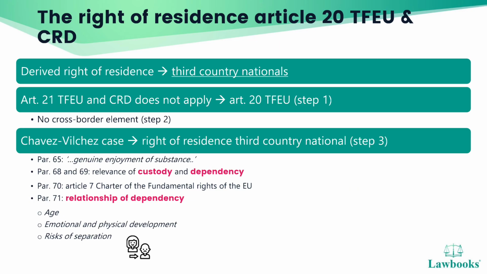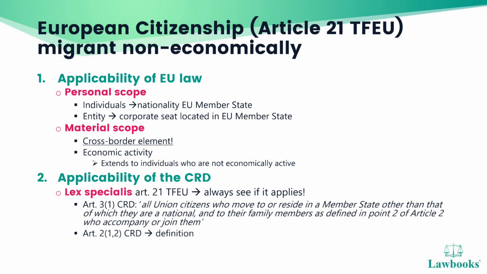When we're dealing with 21 and we're looking at the material scope, we don't explicitly need an economic activity, because it extends to individuals who are not economically active. So we are also dealing with migrant non-economically active persons.